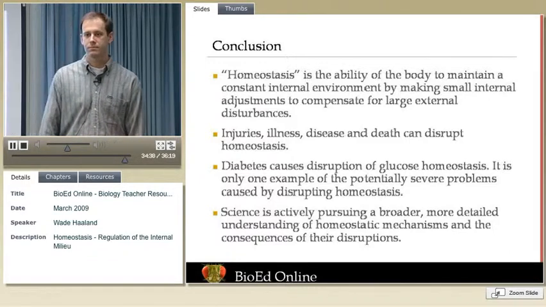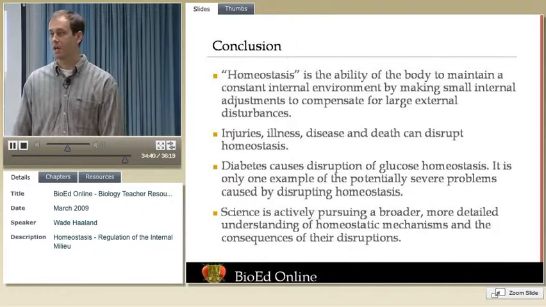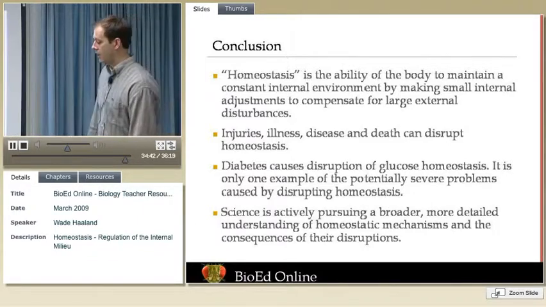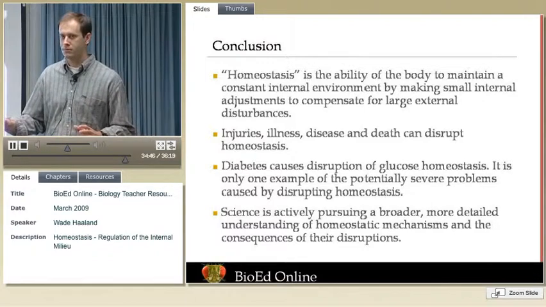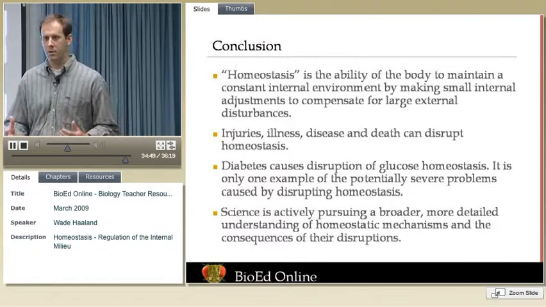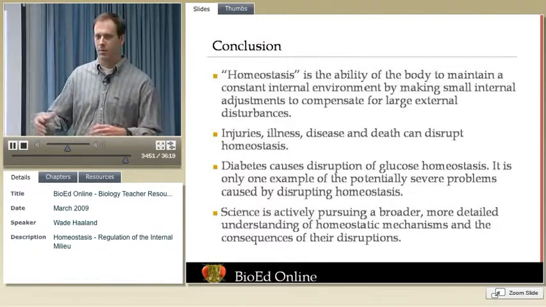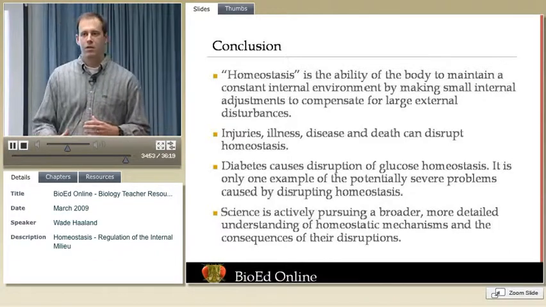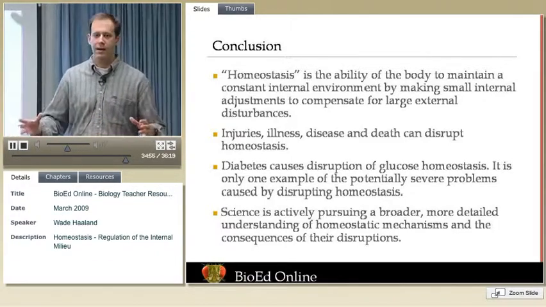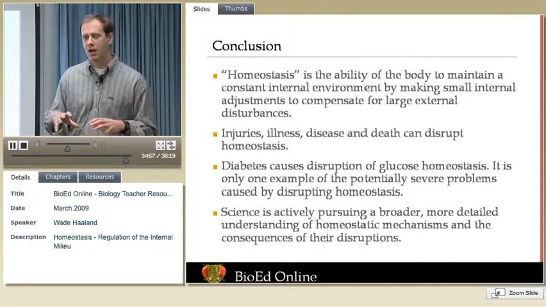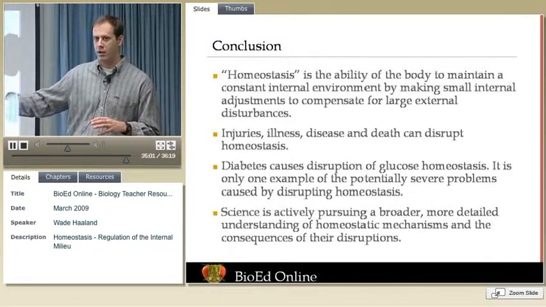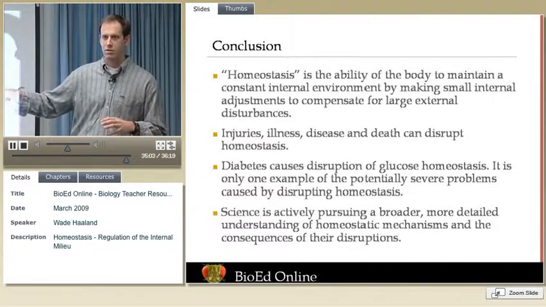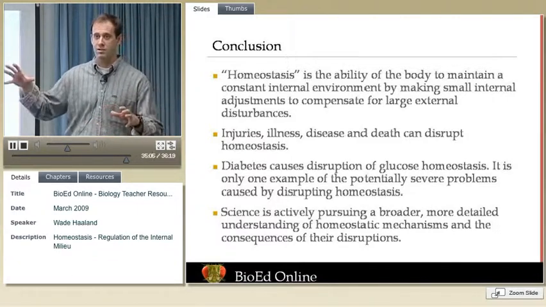How does metabolism fall into all of that? That's a great question. Metabolism differs between people. Some people are going to have an extremely high metabolism. Some people are going to have extremely low metabolism. Those people have to alter lifestyle. They're probably not going to be able to alter their metabolic rates, so they're going to have to alter something else if their homeostasis is getting out of whack.